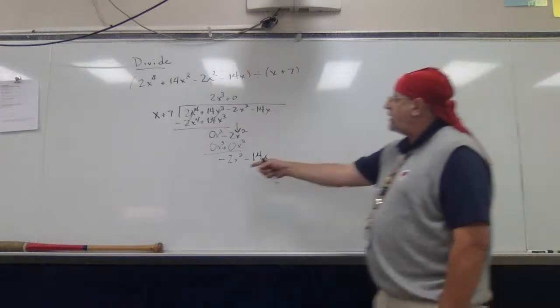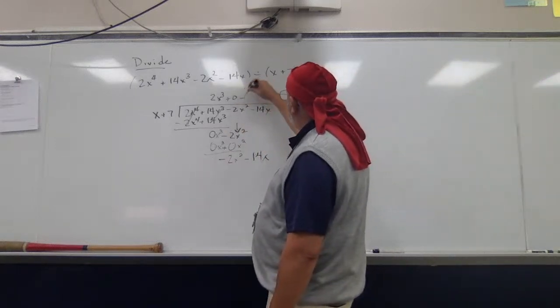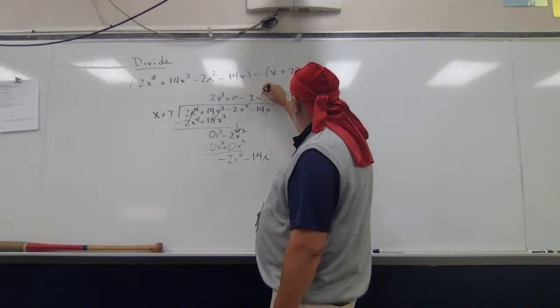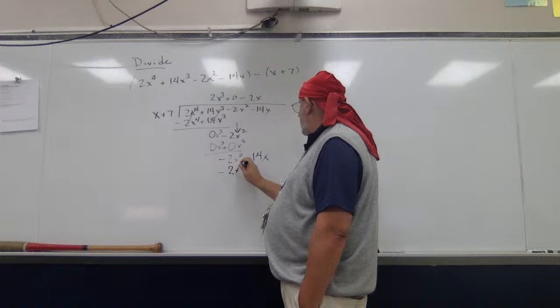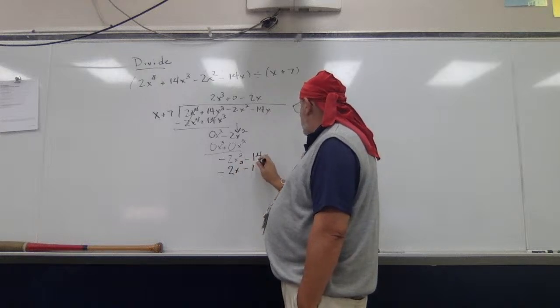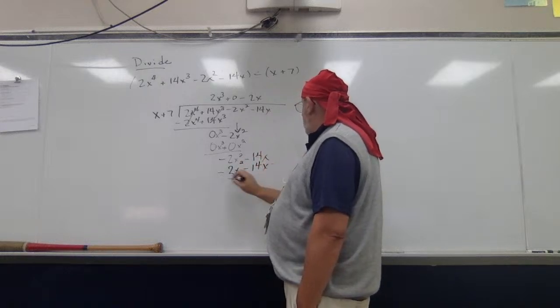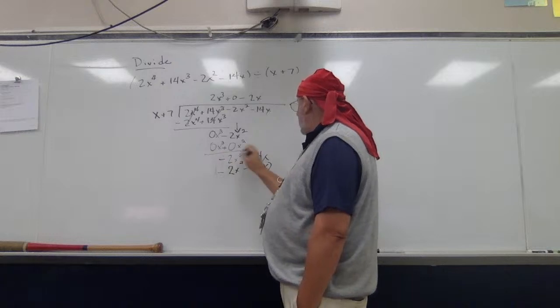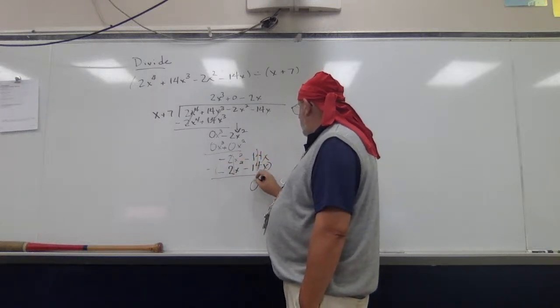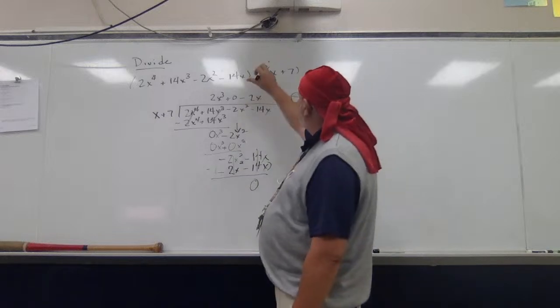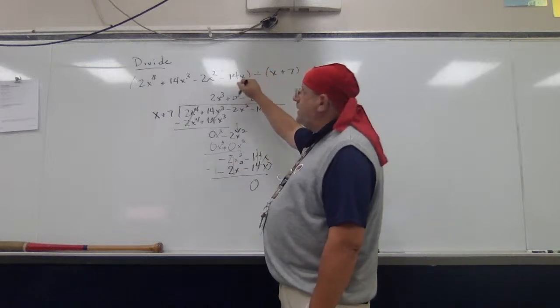So now we're good, right? Negative 2x. Look at that. They're the same. 0. There we go. That's what we got. And so I don't need this 0 in here.